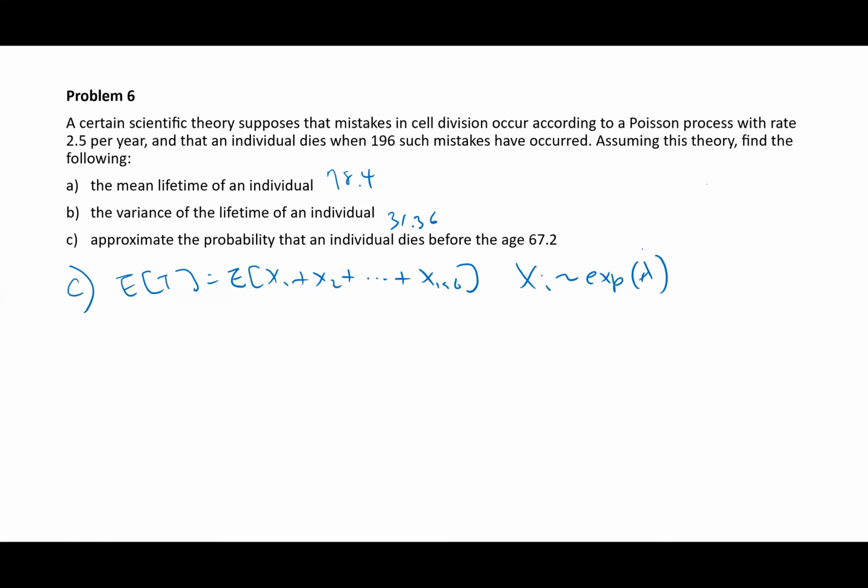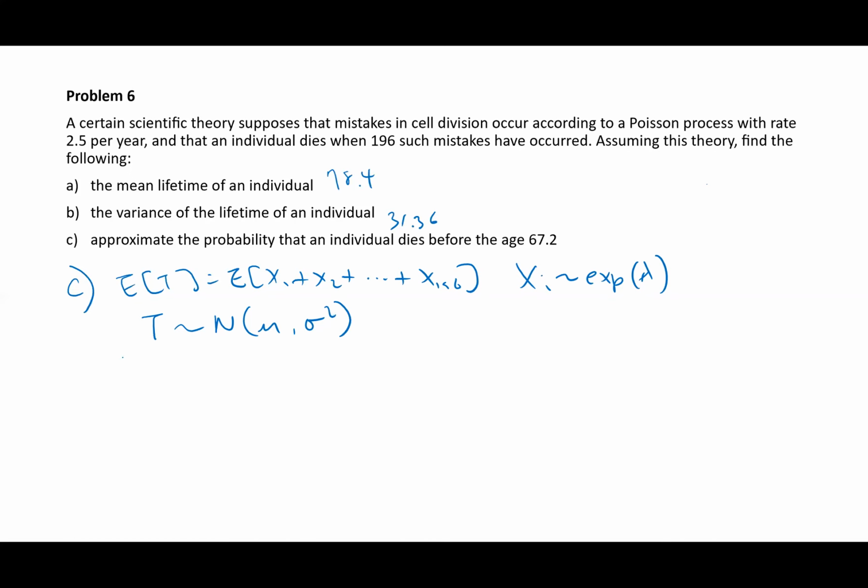But t is actually going to have a normal distribution with a mu and a sigma squared. That captures the central limit theorem: the summation of these exponential variables together is going to resemble a normal distribution. If we know that, this is a pretty simple problem to solve.